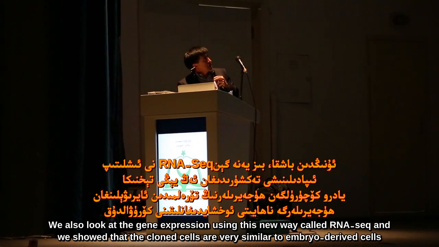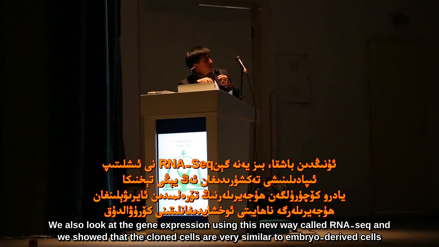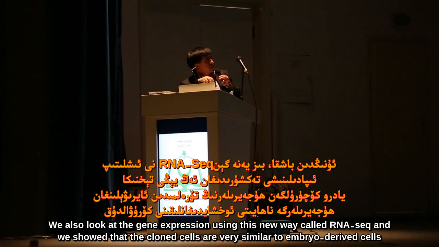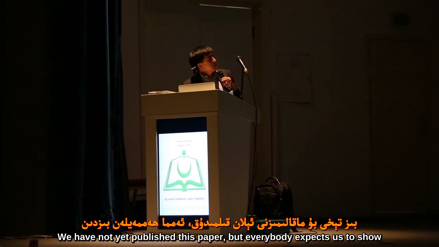We also looked at the gene expression using this new way called RNA-seq. And we also showed that these clone cells are very similar to embryo-derived. So this is 4 cell lines, and this is 2 controls. And these are iPS cells, Yamanaka cells, and they're quite different in a variety of regions.